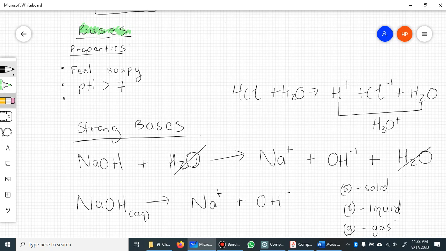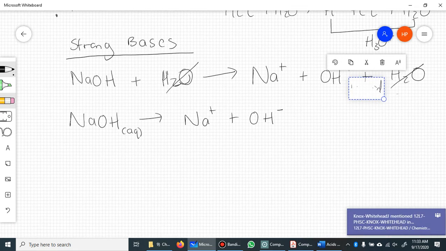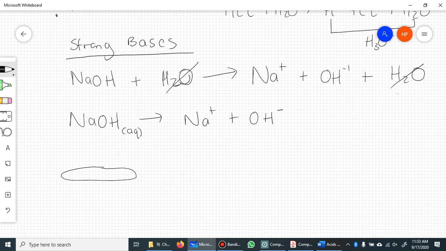Now, if I look at this and I break up my sodium hydroxide, and I draw a little picture of this, which is always very useful when it comes to the definition of strong and weak acids and bases.